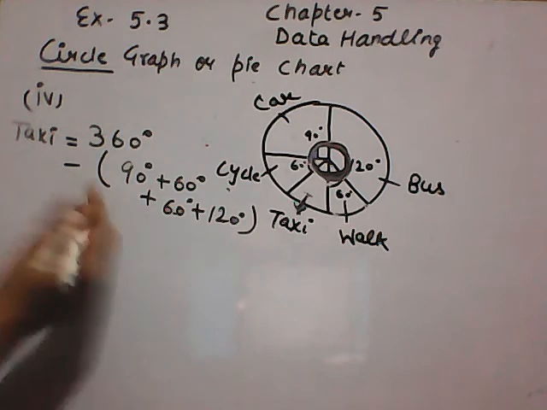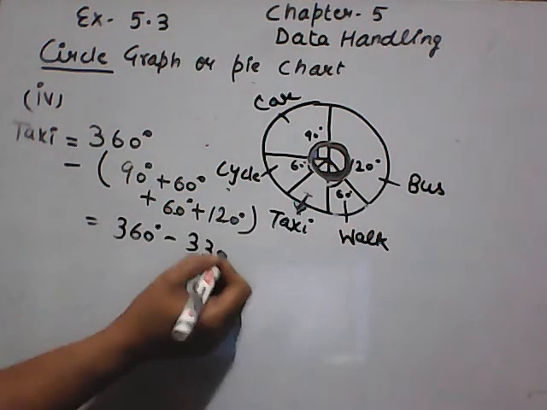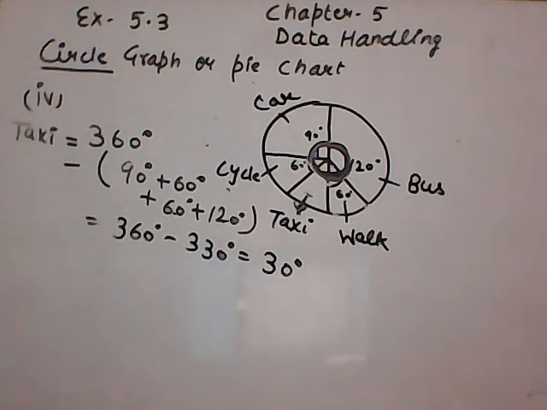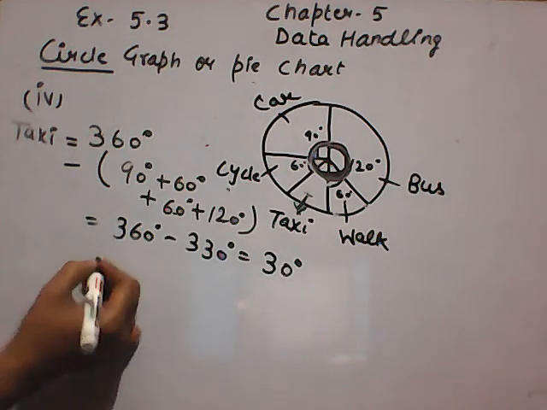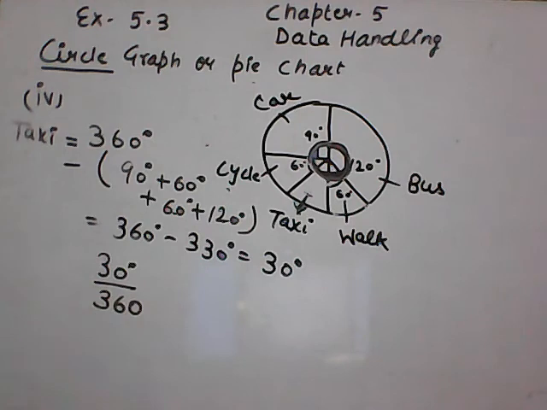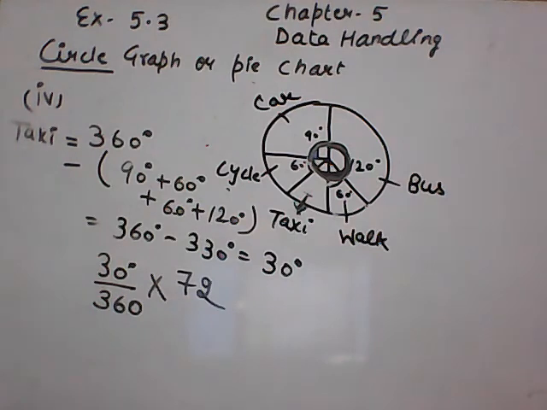Now 360 minus 330 degrees is 30 degrees. That is in terms of angles. Now you have to find the number of children: 30 degrees out of 360 degrees, and the total number of children is 72.